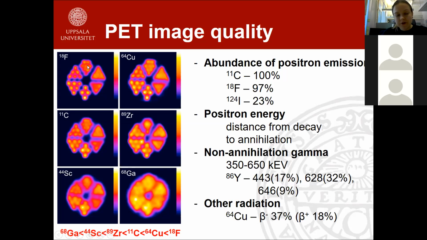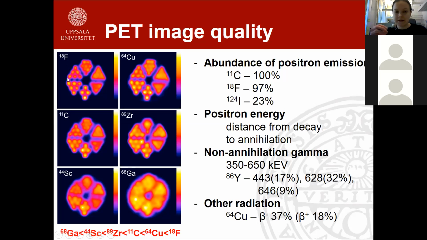So on this picture, you can see, for example, for fluorine-18, the image quality is much better than for gallium-68 because positrons of fluorine-18 have much lower energy. So they are not able to travel so far. And that means that the signal is not blurred.